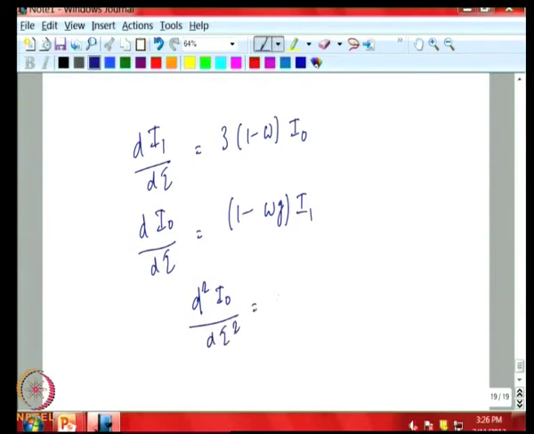which is very similar to what we had derived earlier for the azimuthally averaged case.